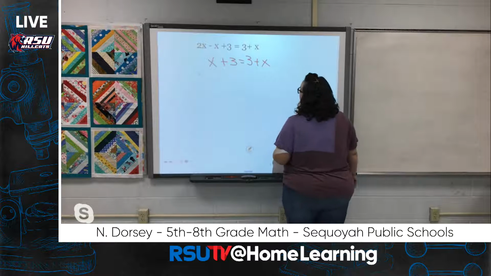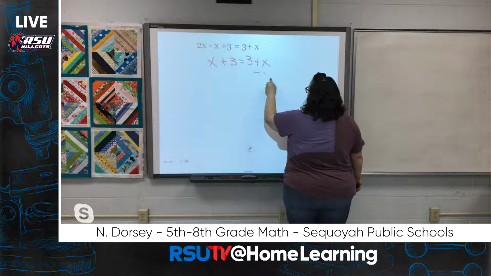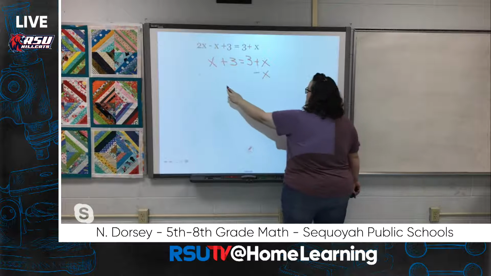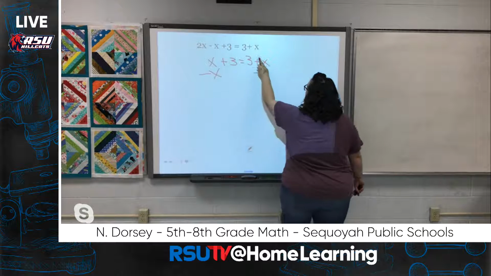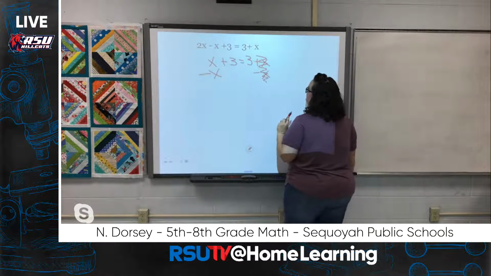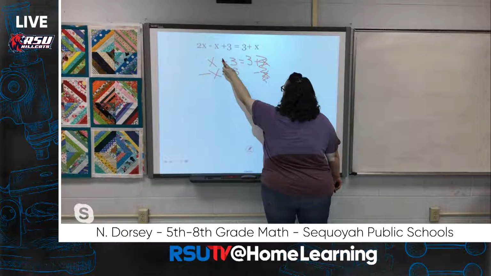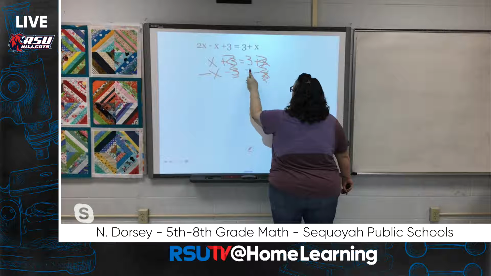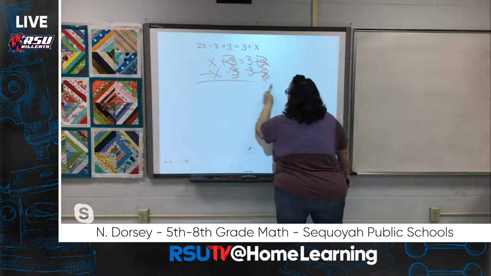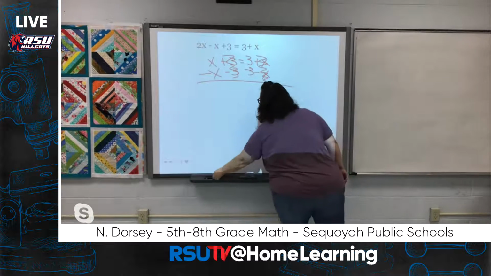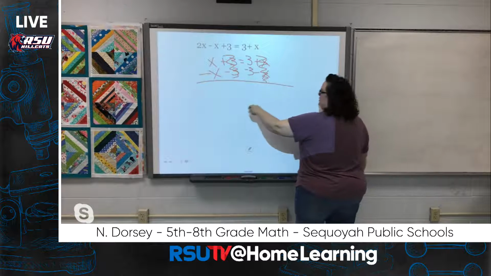So I'm going to move this x over here. And I'm going to move this 3 over there. So x minus x is 0.